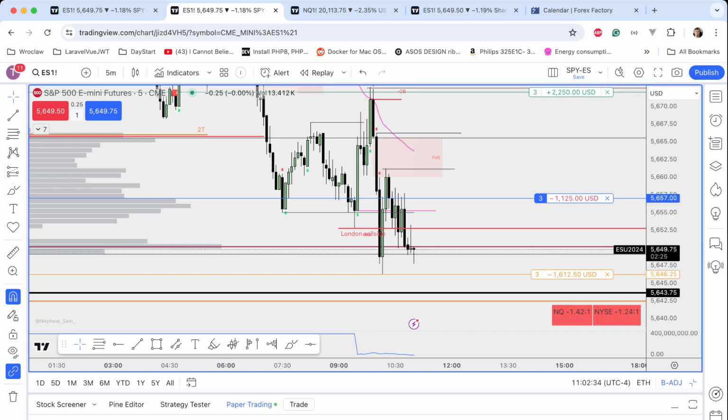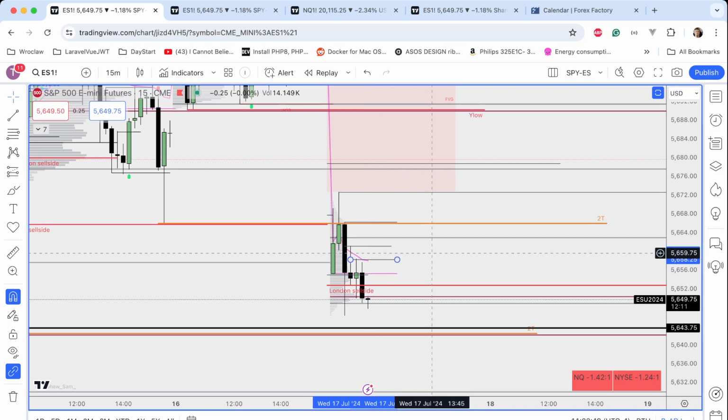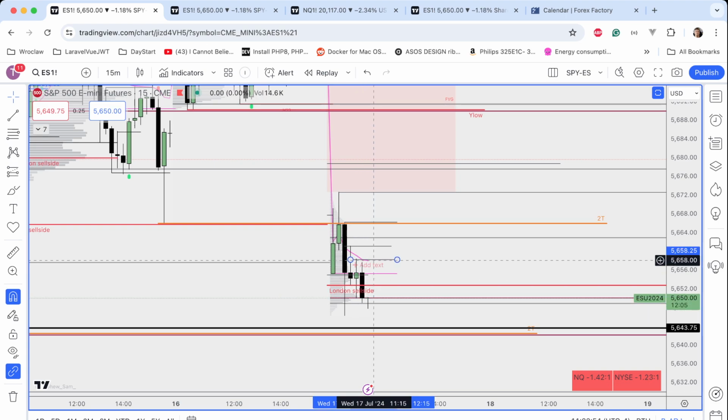A lot of liquidity on the 15 minutes, so we got 1, 2, and 3. Yeah, somewhere here. They have collected another 15-minute candle. We may push into this level here.